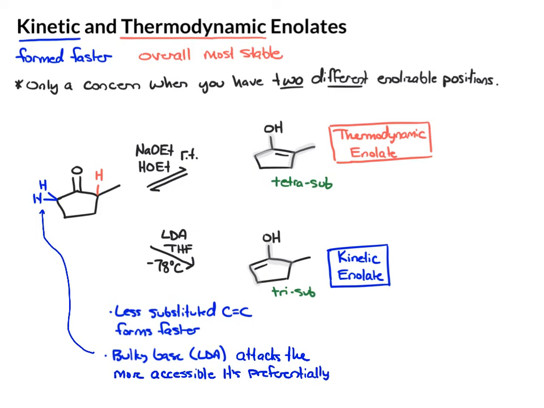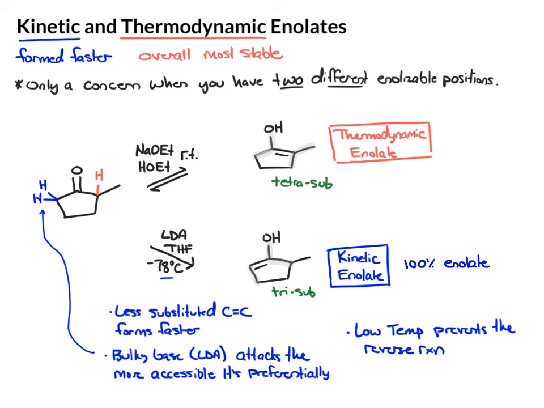So it reacts with those hydrogens faster to form this kinetic enolate, and then low temperature prevents a reverse reaction. So we can stop this and form 100% of this kinetic enolate. And you'll notice I used this single arrow to say that 100% of the carbonyl compound is converted to 100% enolate with this strong base.